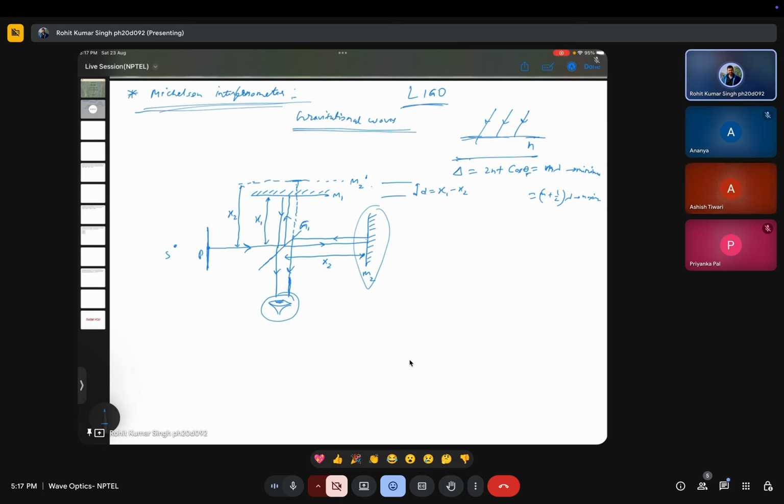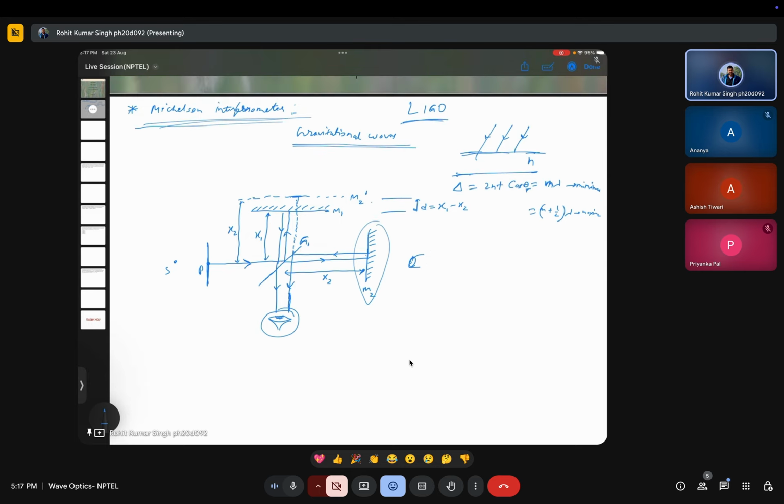If you look at this same device from here, then you will see the image of M1 forming somewhere here, M1 prime. But that is a perspective difference, right?